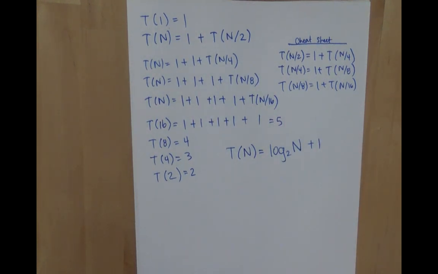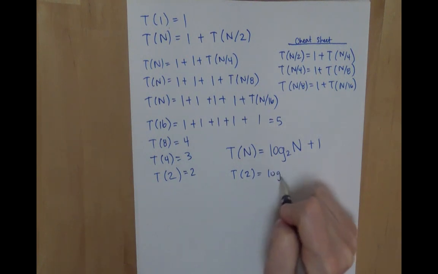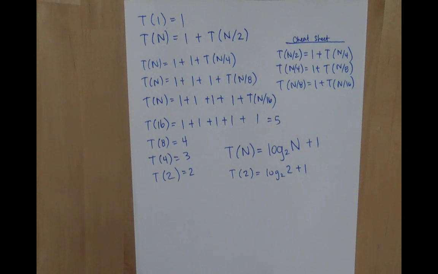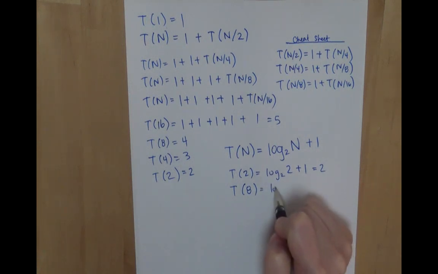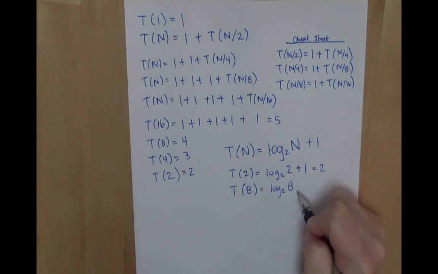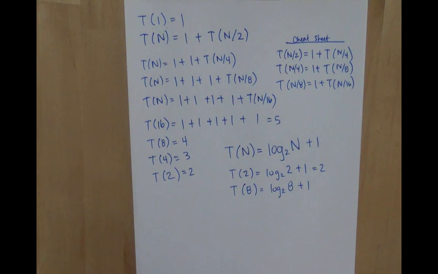And we could plug in some specific values here, so T of 2 equals log base 2 of 2 plus 1. Log base 2 of 2 is just 1, so that is equal to 2. Let's look at T of 8, which is log base 2 of 8 plus 1. And let me remind you of the log rules. If we have y equals b to the x, then that's equivalent to x equals log base b of y.